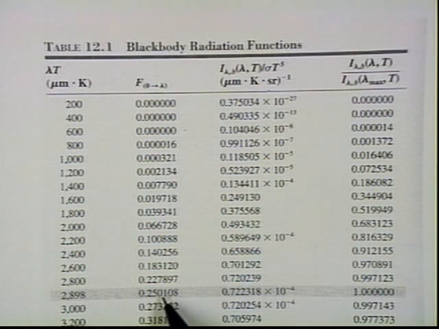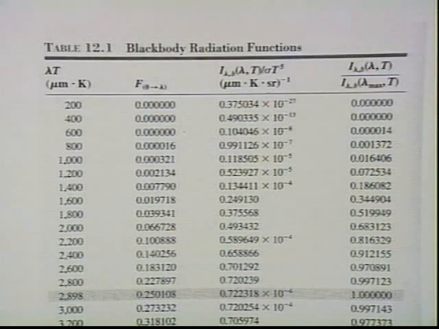We can get the fraction, and it says 0.25. That means about 25% of the black body radiation lies in the band from 0 to whatever lambda T is. And this goes all the way out to a lambda T of 100,000 on the next page.